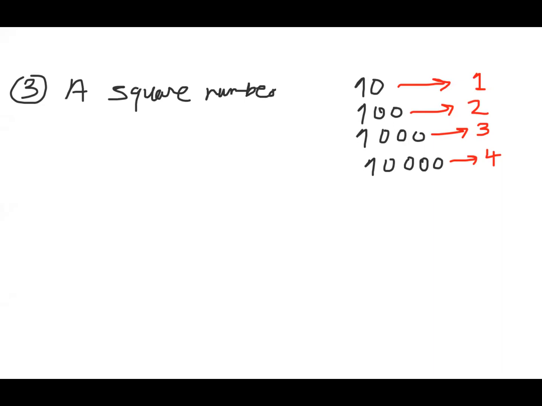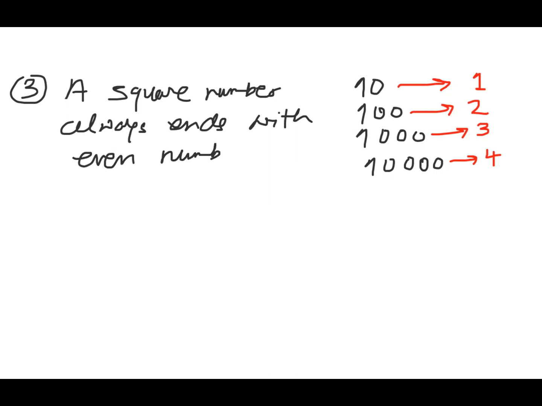So you can clearly say from this question which are the perfect square numbers. Not only 100, there's one more.